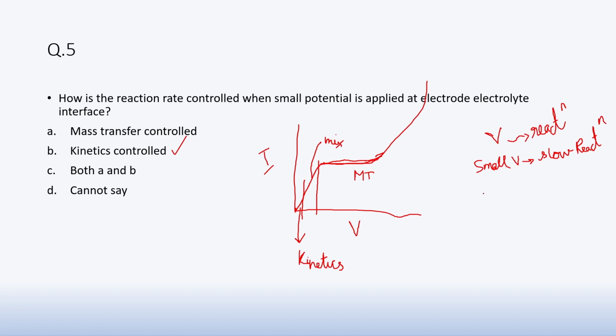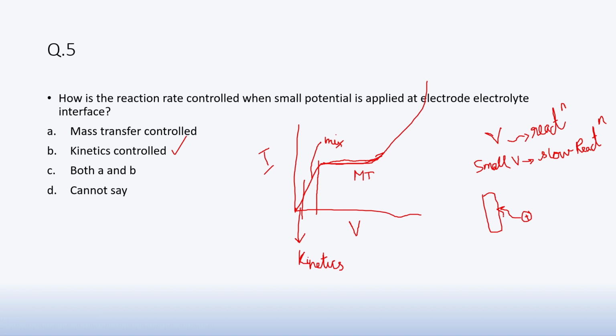Now when the reaction is very small, only a small amount of ions need to come to the surface from the bulk. So you have enough reactants in the solution, and it's easy for the reactants to diffuse from the bulk to the electrode-electrolyte interface.